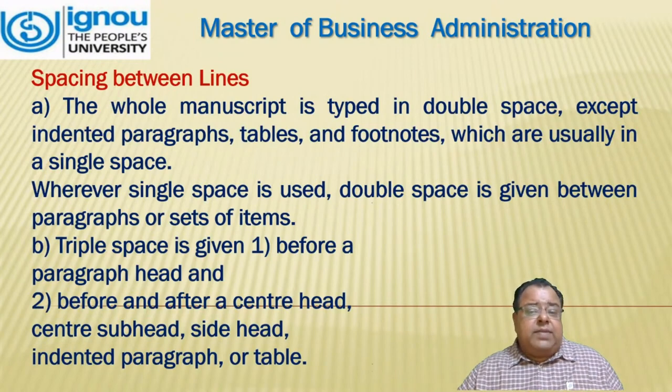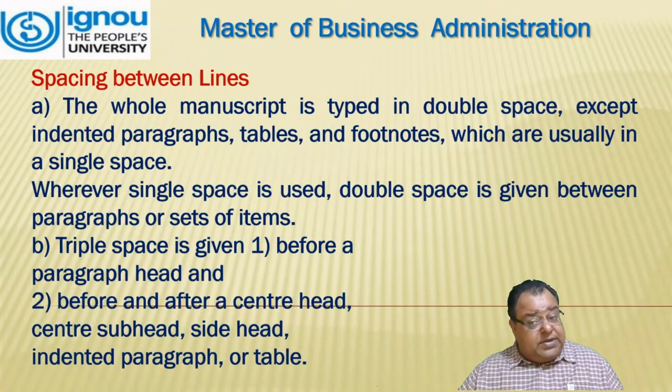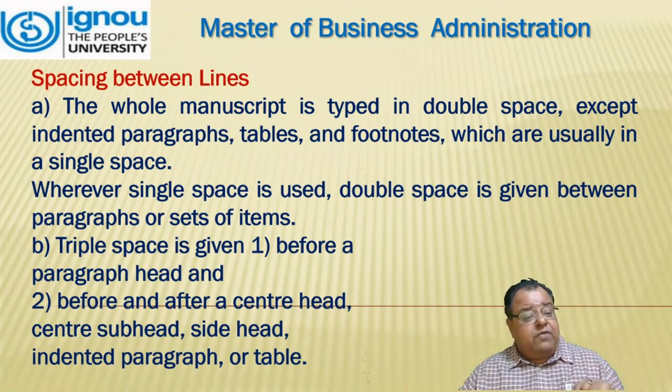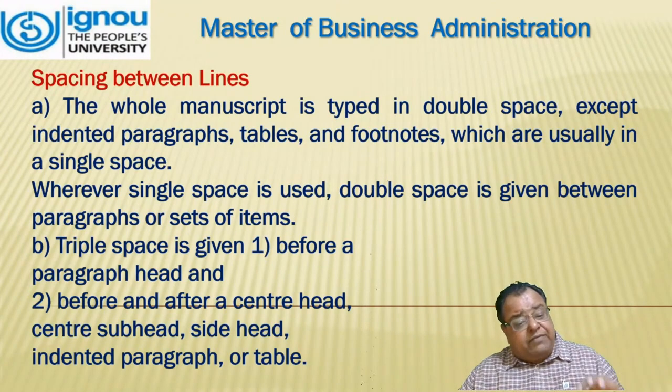The whole manuscript is typed in double space, except indented paragraphs, tables, and footnotes, which are usually in single space. Wherever single space is used, double space is given between the paragraph and the set of items. Triple space is given one before a paragraph head and before and after a center head, center subhead, side head, indented paragraph, or tables.